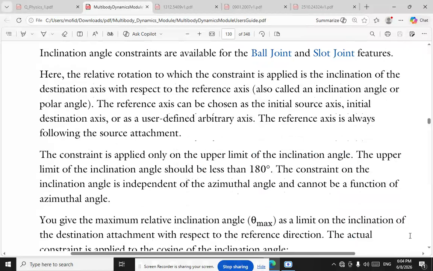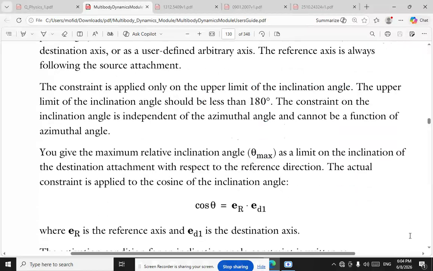The constraint is applied only on the upper limit of the inclination angle. The upper limit of the inclination angle should be less than 180 degrees. The constraint on the inclination angle is independent of the azimuthal angle and cannot be a function of the azimuthal angle.